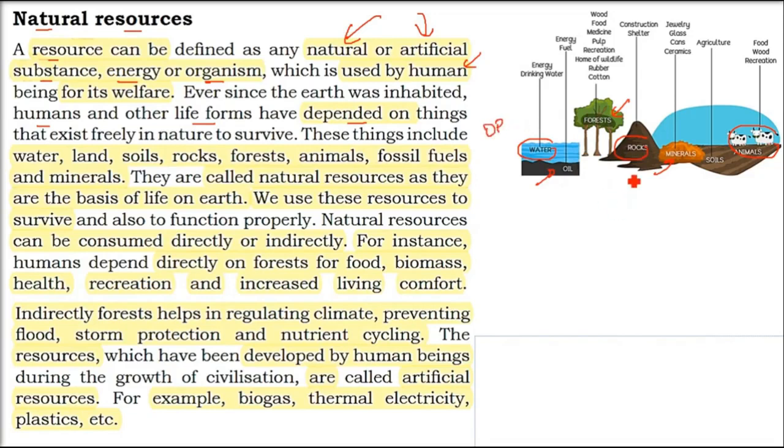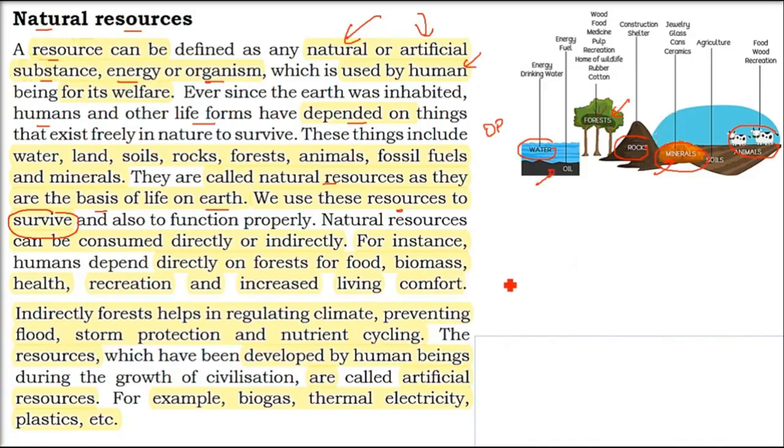They are called natural resources because they are the basis of life on earth. Natural resources are the means for us to survive. This is how we live. If we don't have these natural resources, if we don't have air, water, sunlight or the soil, we won't be able to live. Our basis of living is these natural resources, right?